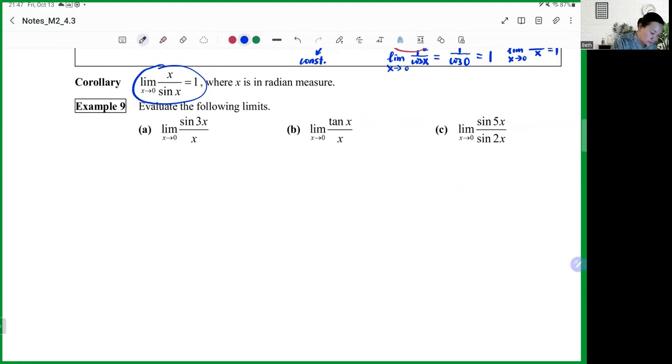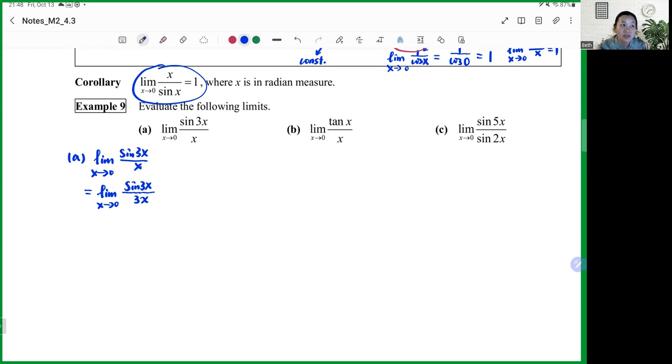Now, this one, A. This limit obviously cannot be obtained by substitution. When you put x equals 0, the denominator is 0, so it is undefined. So no substitution. I need to use the special limit. How do I do that? I will change it to sine 3x divided by 3x.